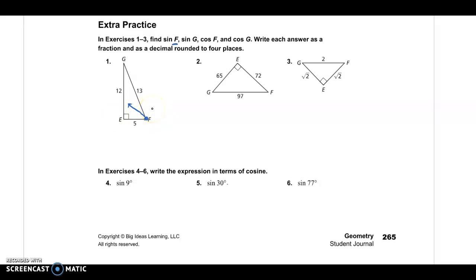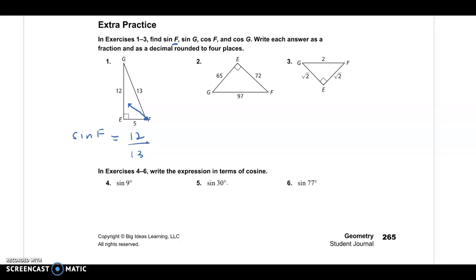It's not the leg that is next to it. Remember, adjacent means next to. So if I'm talking about the sine from angle F, that's going to be the side of 12. Now, what's the hypotenuse? The nice thing about the hypotenuse is it doesn't matter what angle you're from. It's always just there, across from that right angle.